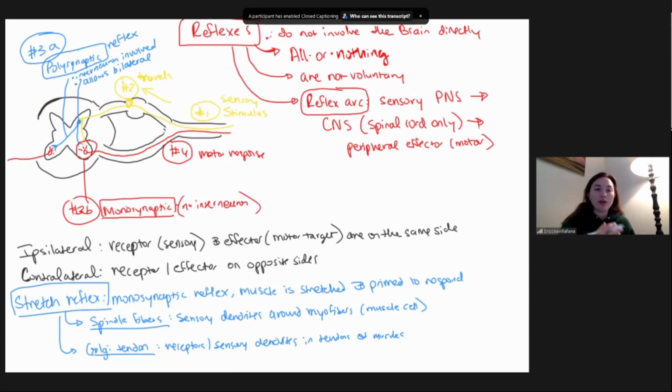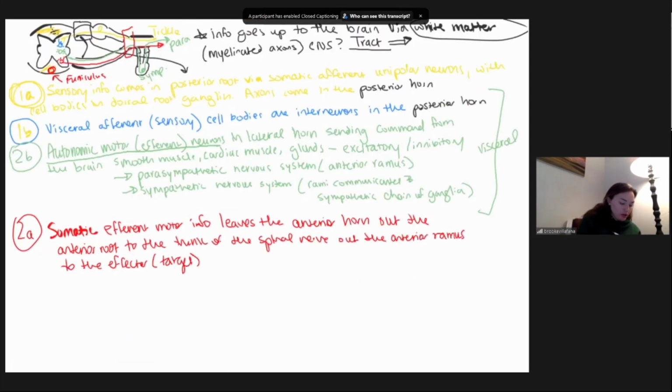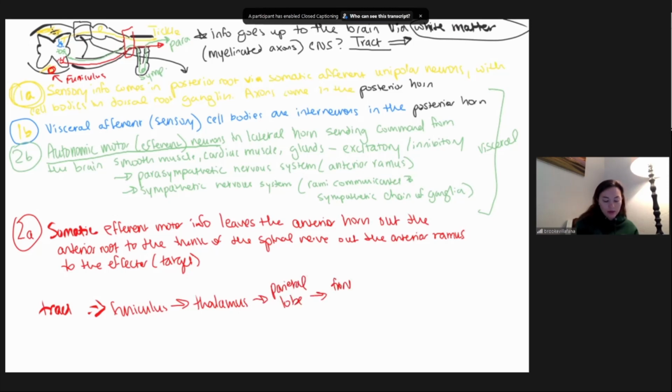Again, the brain is not notified, like we talked about when we were talking about this page, where I kind of showed you tract to funiculus, right, to thalamus, to the parietal lobe, the primary somatosensory cortex, and then we have the frontal lobe, and then we go out, down again, down funiculus, down a tract, until we get all the way to the anterior root, and then we send out that command, right, through a nerve.